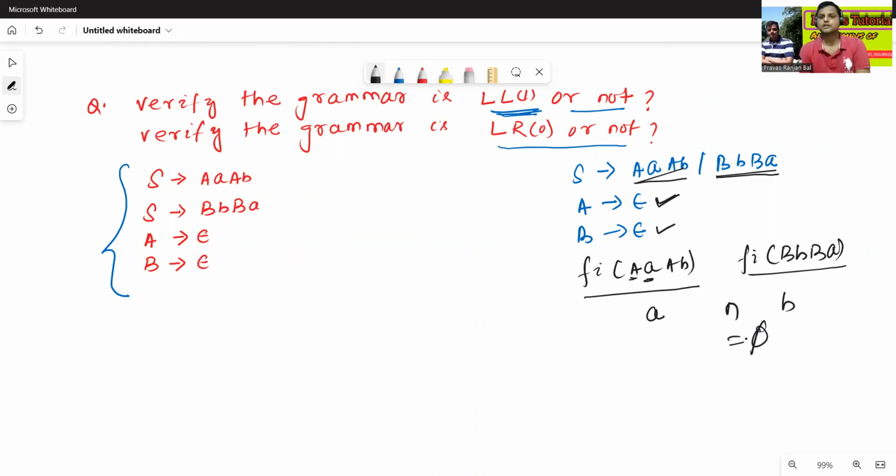Since A intersection B equals phi, this production is also LL1. So finally, this grammar is LL1.